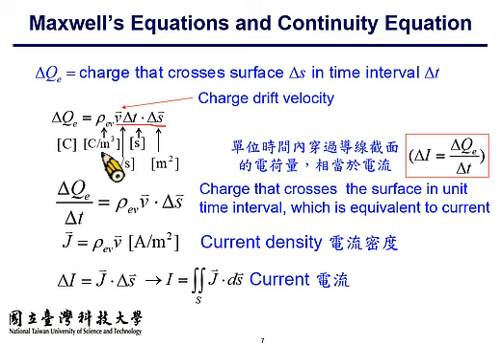And thus, we regroup this equation to say that the charges that cross the surface in unit time interval is equivalent to current.